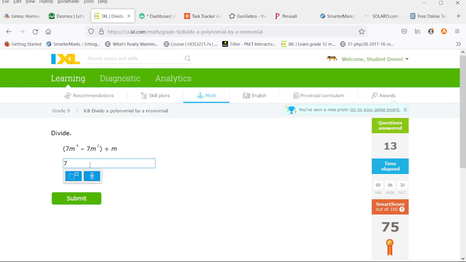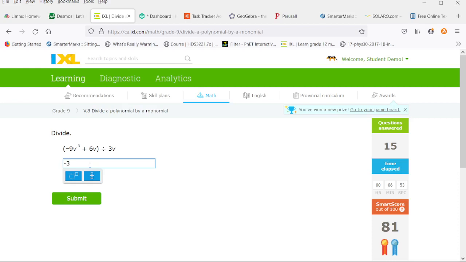And we're dividing this by m, so we're going to have 7m cubed minus 7m. And now we have a trinomial, but we're still just dividing it by b. So we take everything we see there and just reduce each exponent by 1.